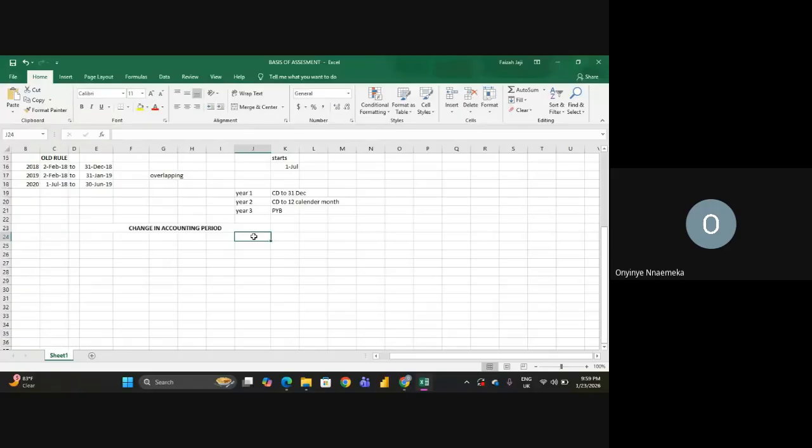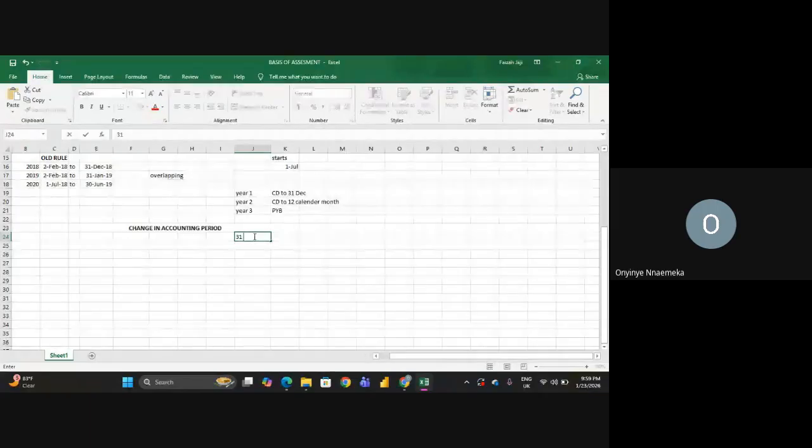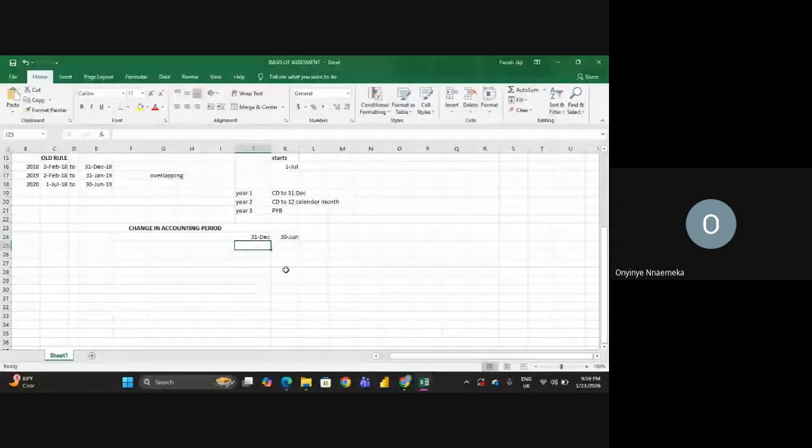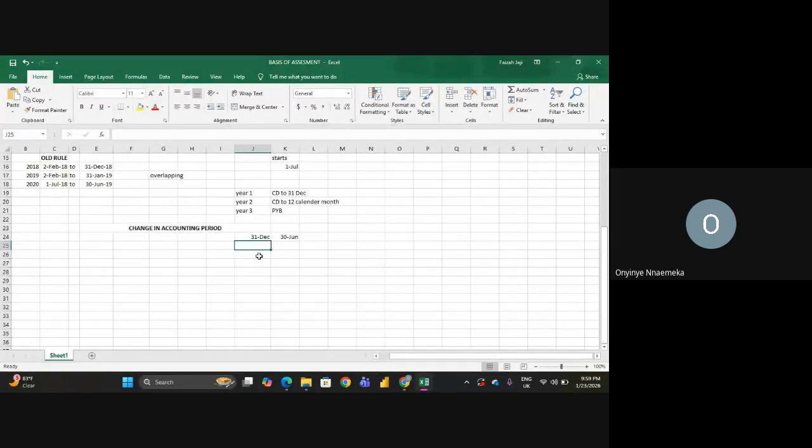We are saying that a company that has been using 31st December every year before now decides to start using June 30 every year. Now, the first rule says that you should identify the year of permanent change. Which year did they stop using December and start using June?